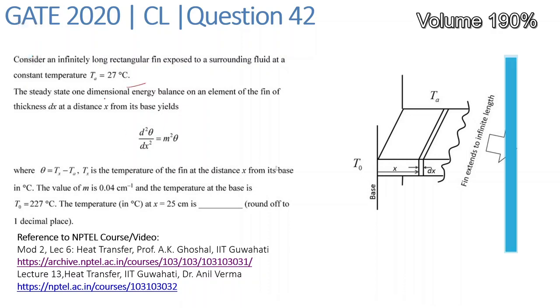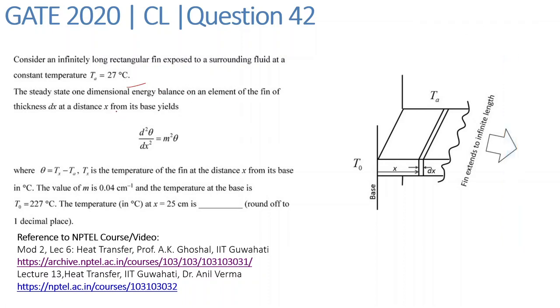The steady state one-dimensional energy balance on an element of fin of thickness dx at distance x from its base yields this equation, where theta is given as Tx minus Ta, where Tx is the temperature of fin at distance x from its base in degrees Celsius. The value of m is 0.04 centimeter inverse, and the temperature at the base is T0 equal to 227 degrees Celsius. The temperature in degrees Celsius at x equal to 25 centimeter is given as.